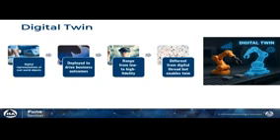A digital twin can be organized and structured in different ways. It can be a hierarchical structure, it can range across different levels, and it can be a basic to advanced form of a digital twin as well.